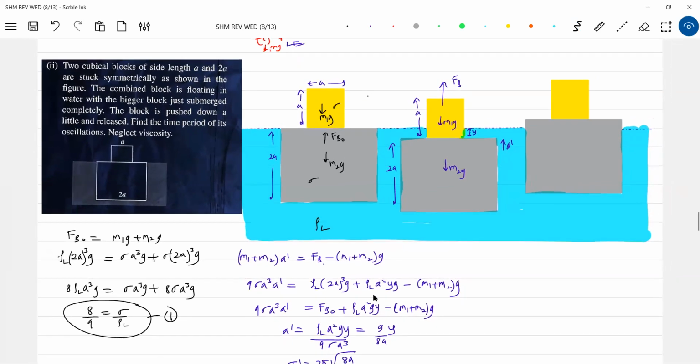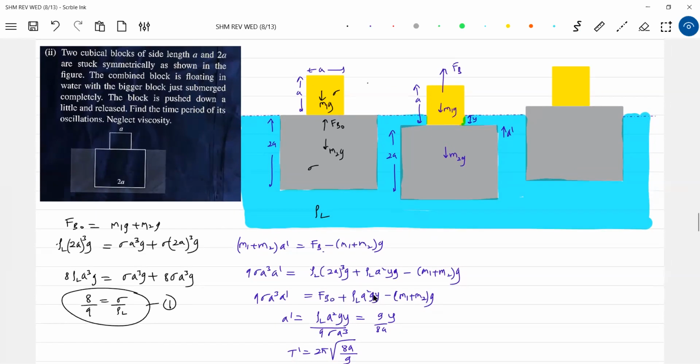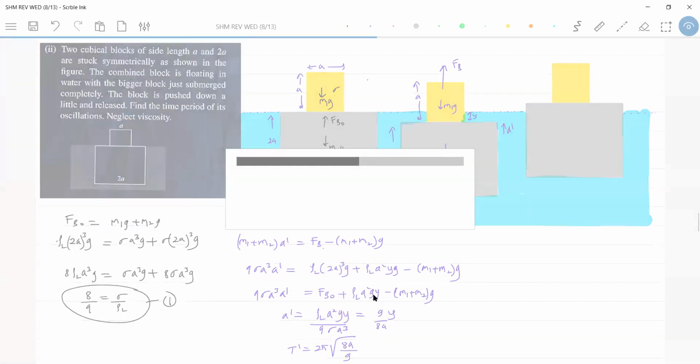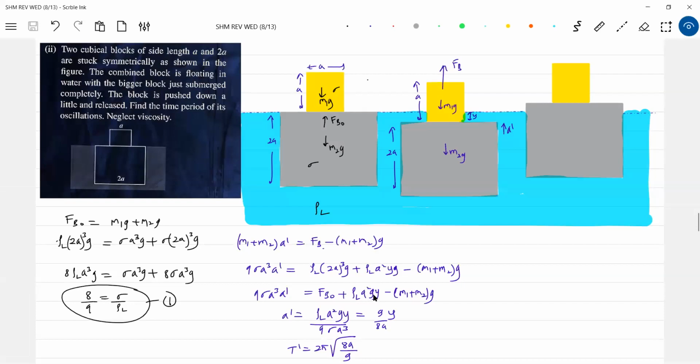After mean position, what will happen to it? First, I pressed it, I released, no. So for half of the time period, it will be in this position. Again, it'll come back to this one.